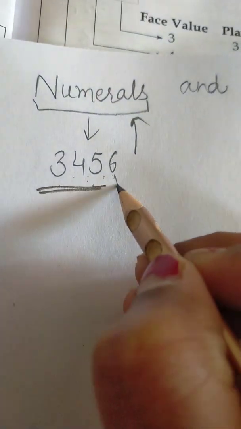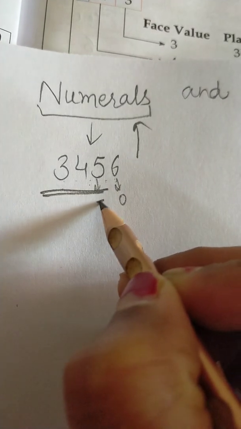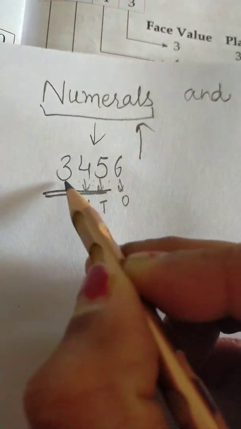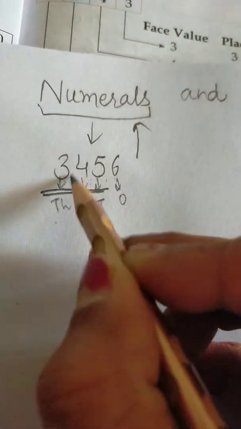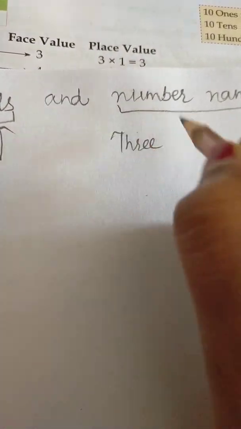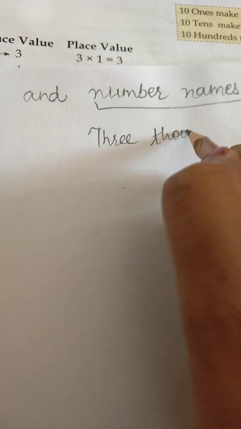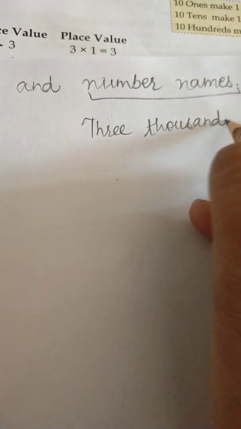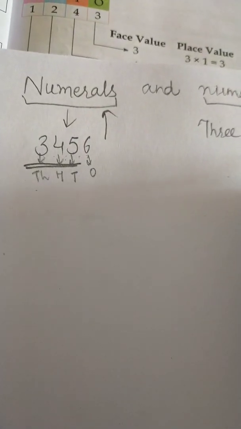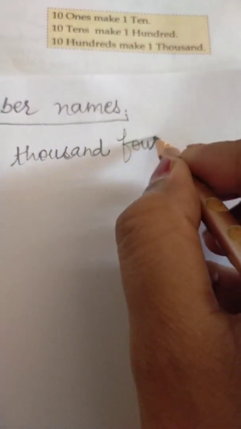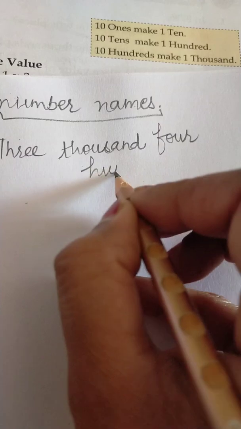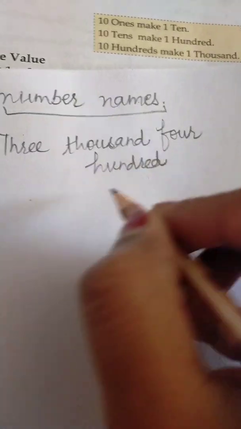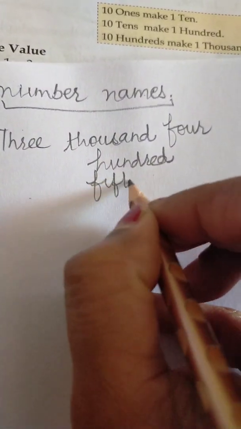As we can see, this is ones, this is tens, this is hundred and this is thousand. So we will write this 3000, 400, 56.